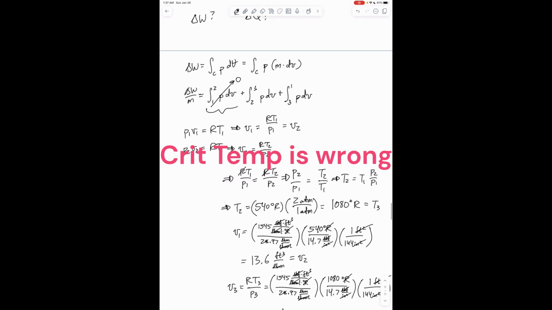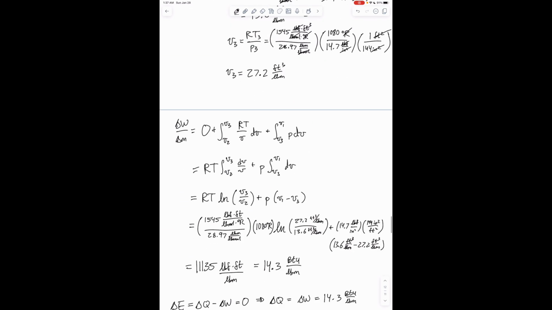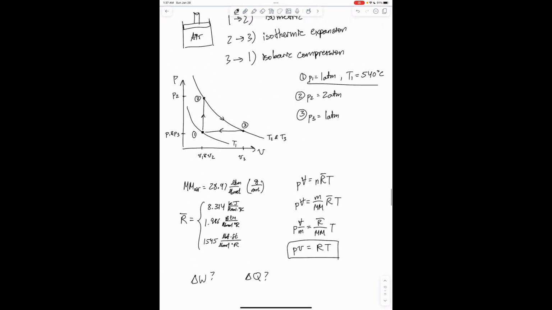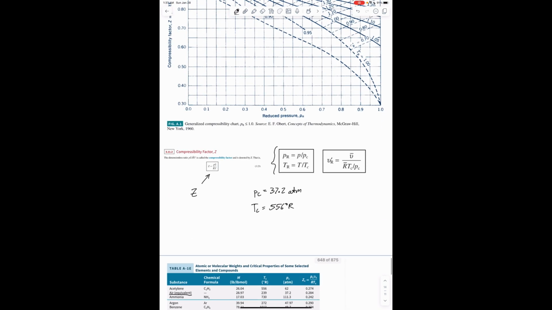Our example will be state 1 with these conditions as the initial conditions. Okay, so I'll plug in these values and we're going to get our reduced pressure and reduced temperature.